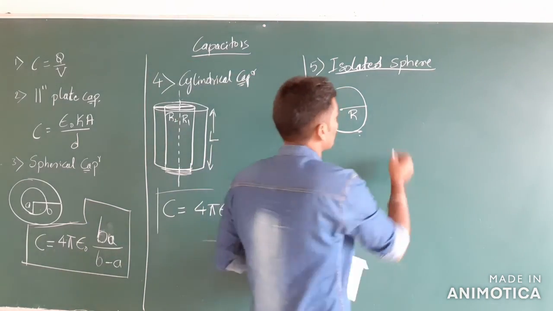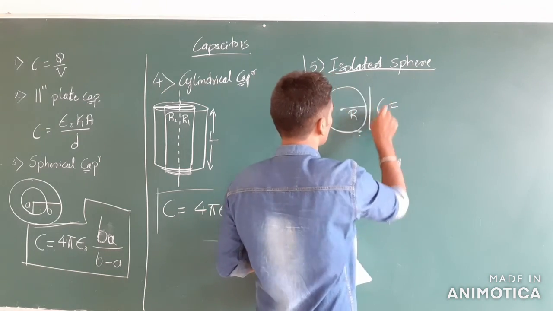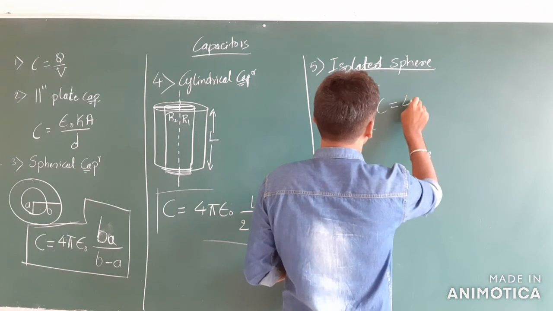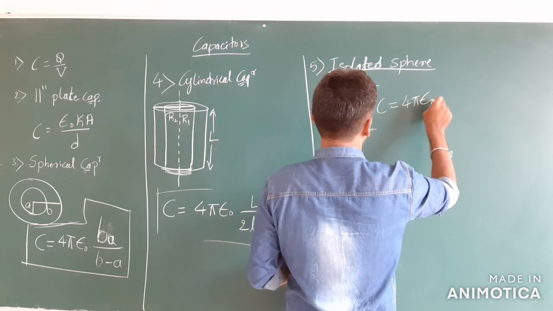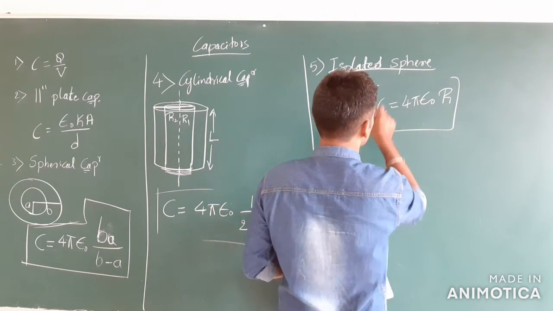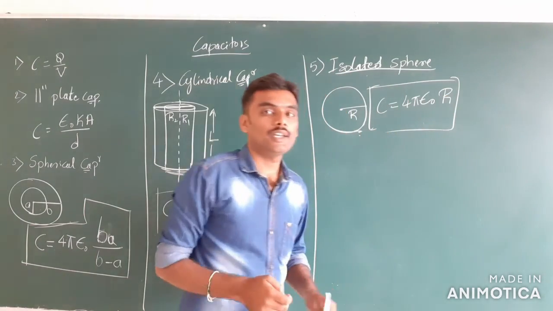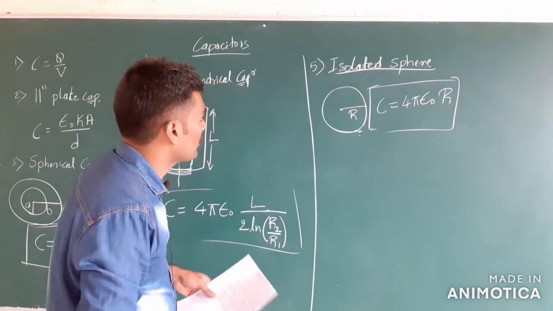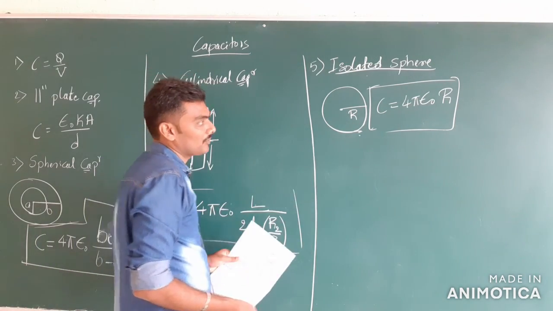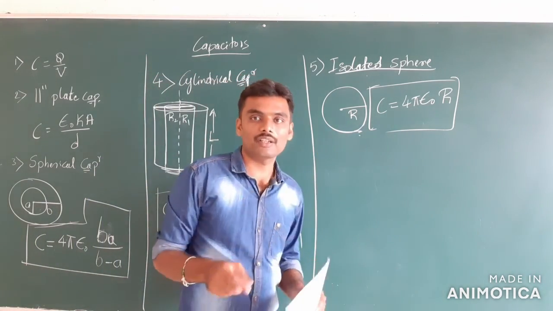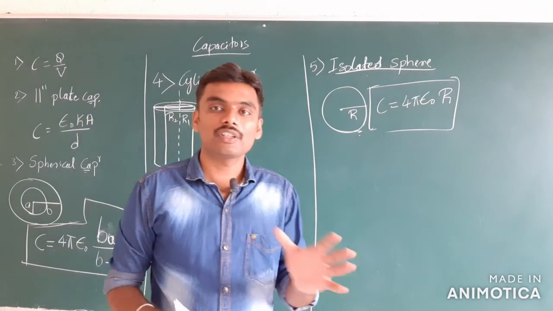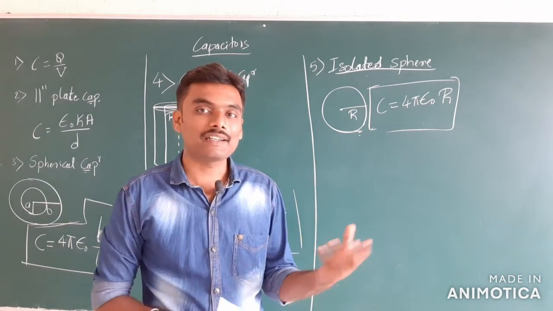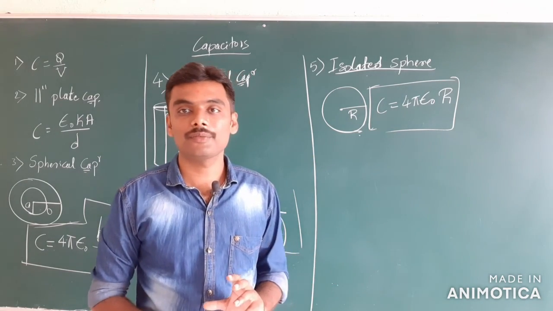Very easy: the capacitance of this isolated sphere is C is equal to 4 pi epsilon naught R. That is the expression for the capacitance of an isolated sphere. It's isolated, which means there are no other spheres or electrical devices surrounding it.